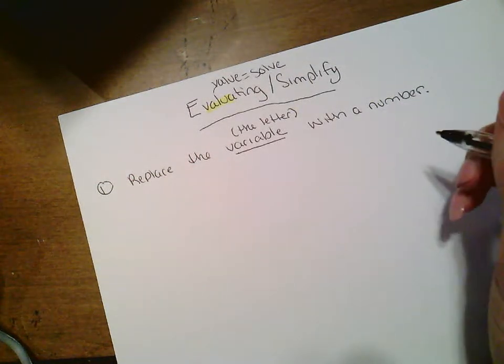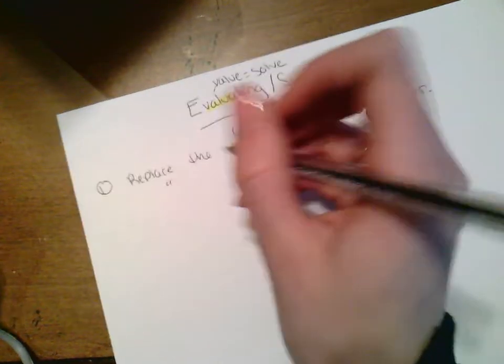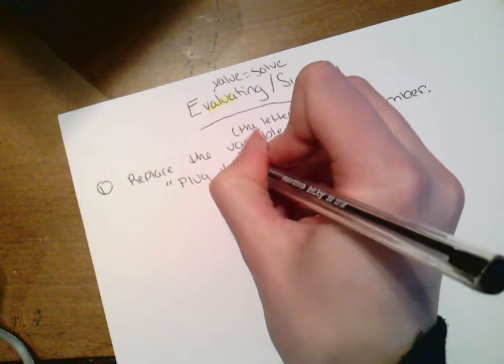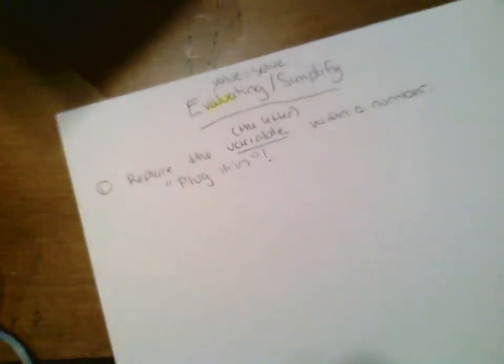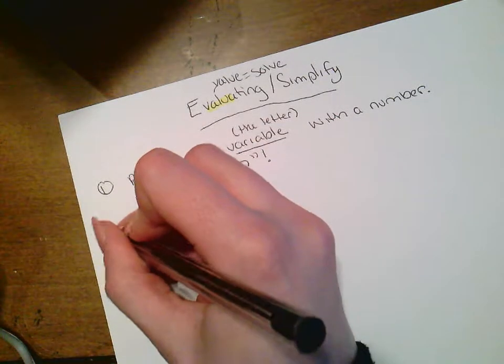What we've been saying in our class is the plug it in, plug it in. So you're going to plug it in. Okay? The second thing you're going to do is you're always going to use parentheses for each variable.